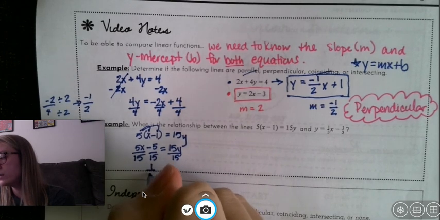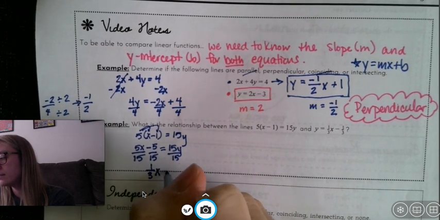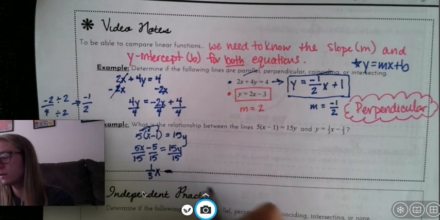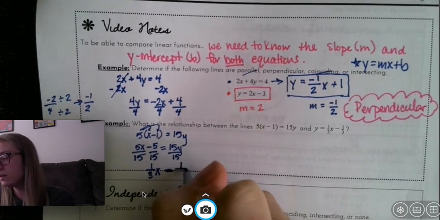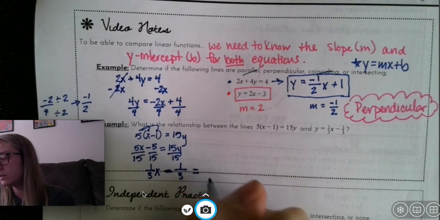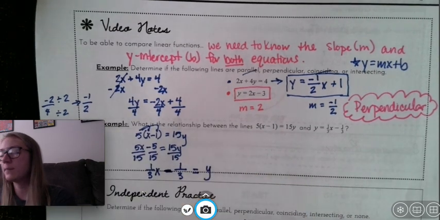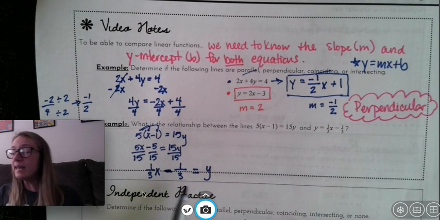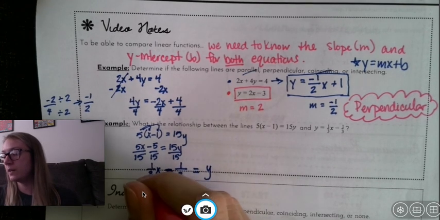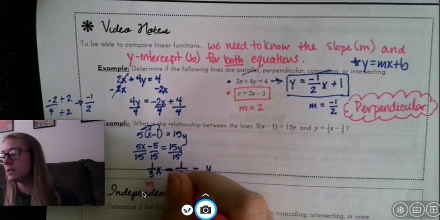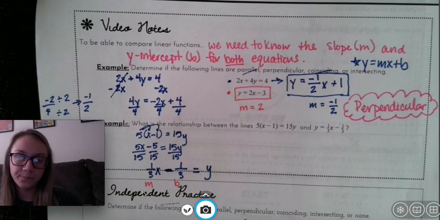So I have 1/3 x minus, and then 5 over 15 would still be 1/3, equals, and then 15 divided by 15 is y. If I wanted to rewrite this so my y was out in front, that's fine, but I have mx plus b, so my m is this 1/3, and my b is this -1/3.